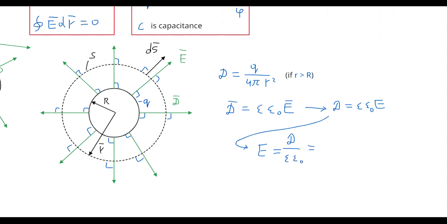So it will be Q divided by 4 pi epsilon 0 R squared.